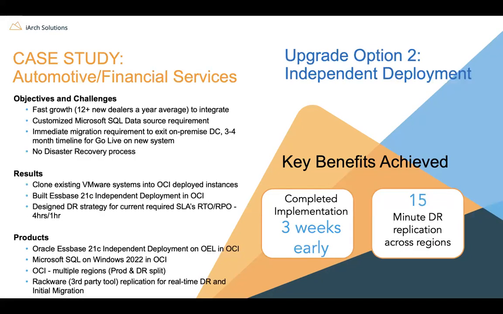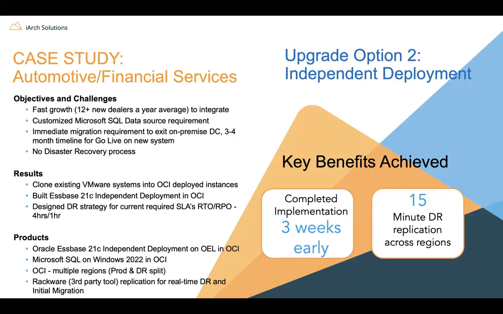The second one would be the independent deployment option. This was an automotive financial services organization, with a lot of fast growth that they were going through. They wanted to upgrade to the next version, and they wanted to do it in a three to four month time frame. They also had no data disaster recovery process. So with this solution, we were able to get them onto OCI using independent deployment.